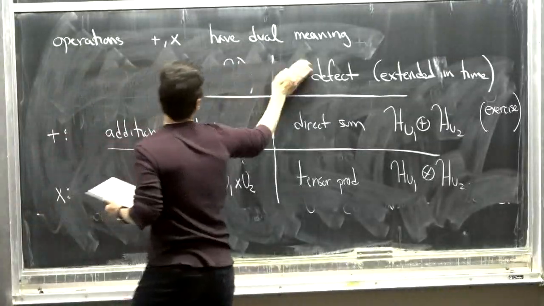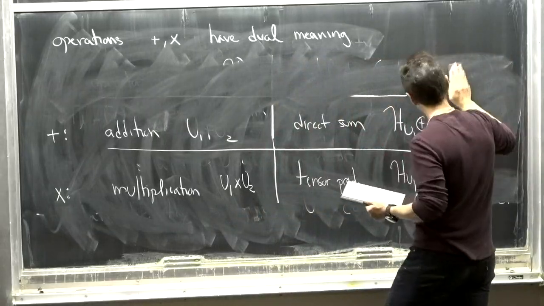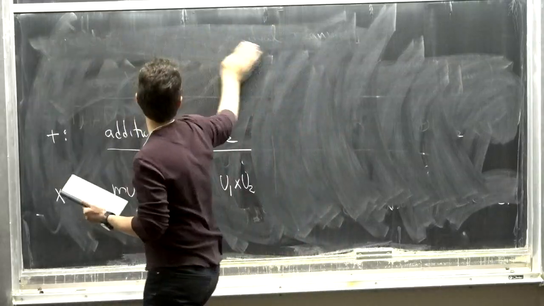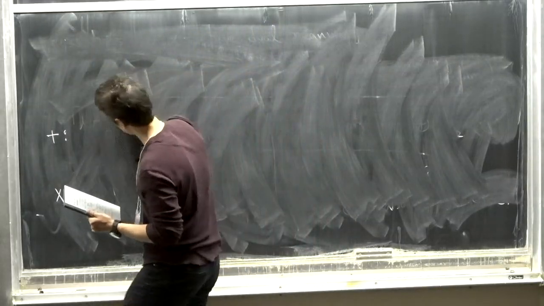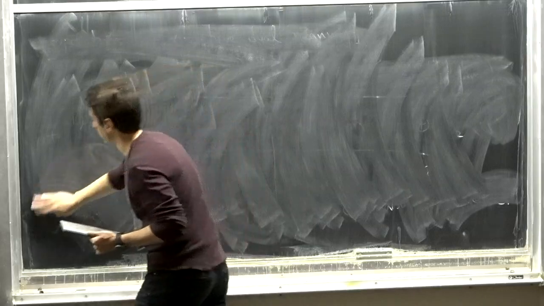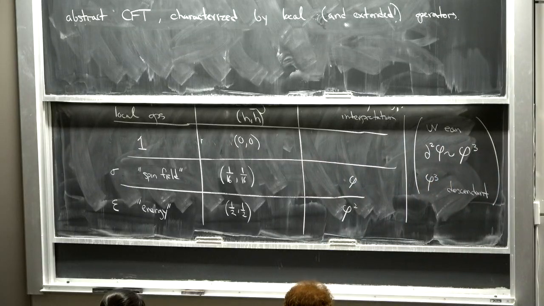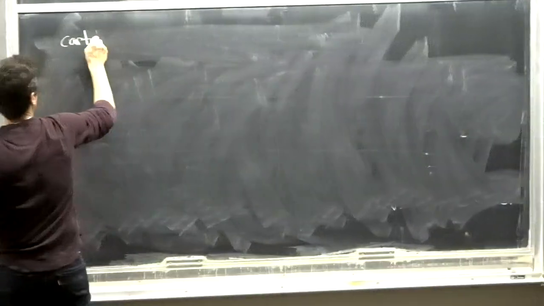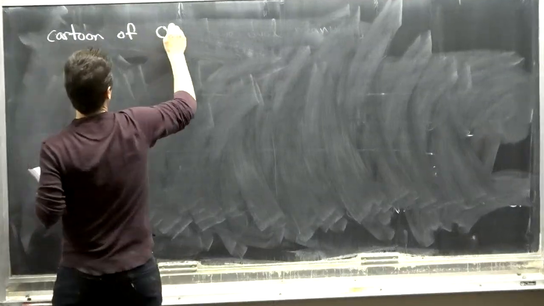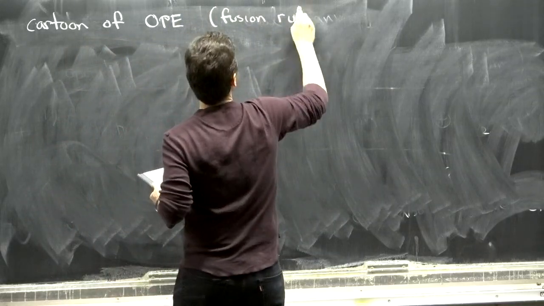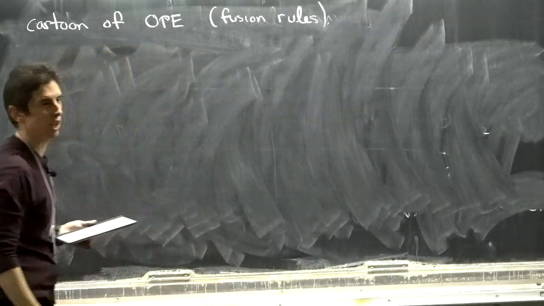Okay, so now, conformal field theory is characterized not just by its list of operators, but also by the operator product expansion. I will give you a cartoon of that. The cartoon is called the fusion rules. You can think of this as an OPE where I don't tell you the coefficients.